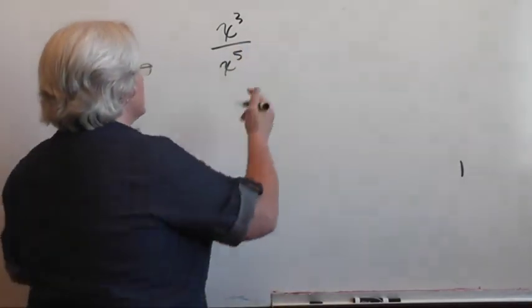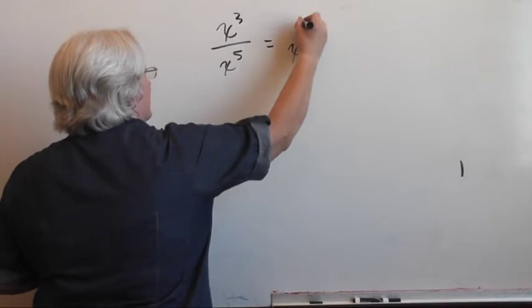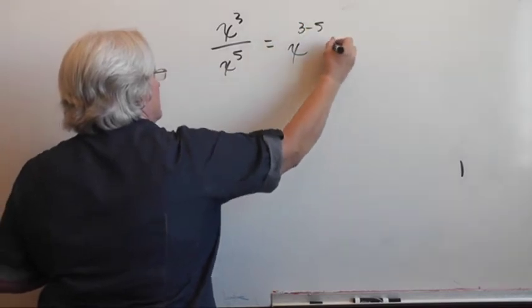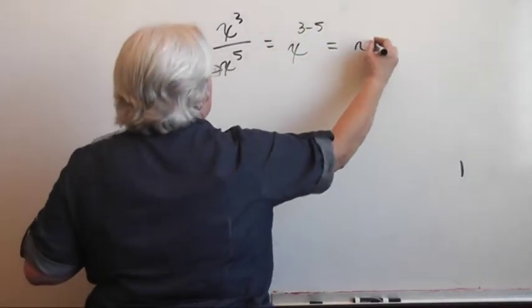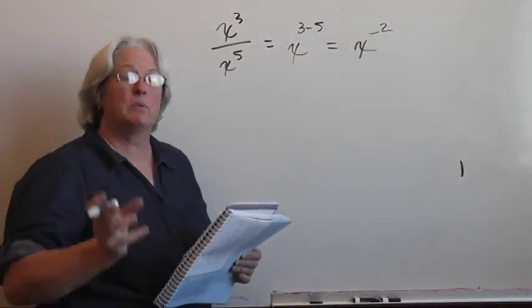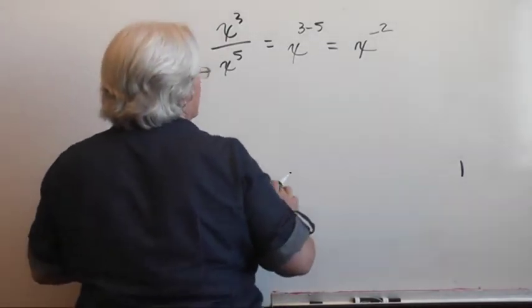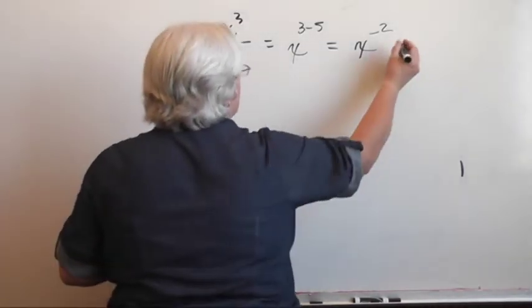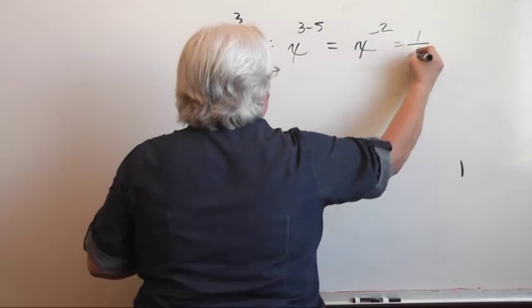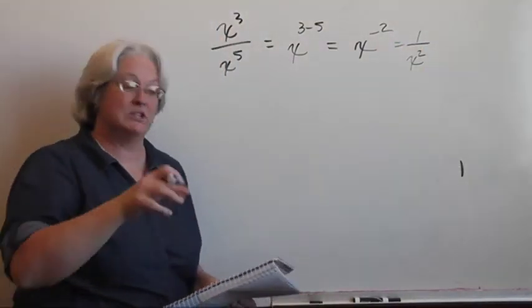You keep the base, you subtract the exponents, which is equal to x to the minus 2, correct? But we don't like to have negative exponents. X to the negative 2 becomes 1 over x squared. That's using all of those rules that we just talked about.